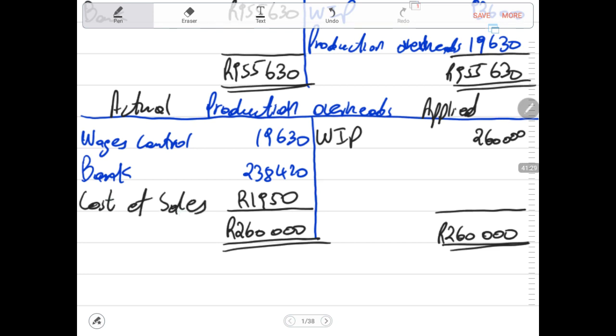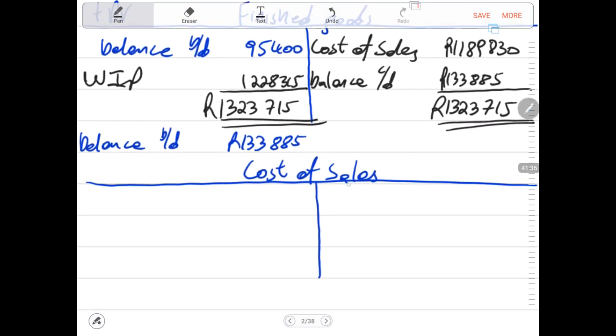So now under the cost of goods sold, this amount should appear on the credit side of the cost of goods sold. Then the contra entry will be production overheads, 1,950.